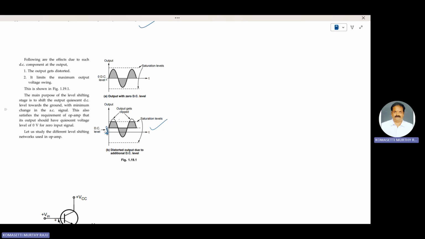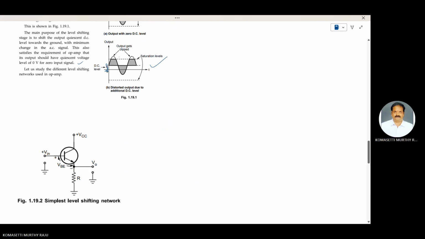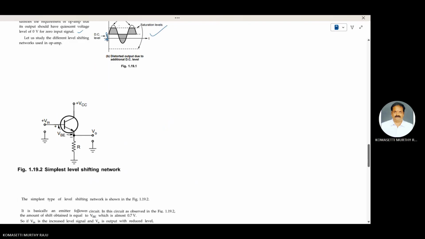The level shifting stage brings the DC level back to 0, shifting the output quiescent DC level towards the ground with minimum change in the AC signal. This also satisfies the requirement of the op-amp that its output should have a quiescent voltage level of 0 for 0 input signal.